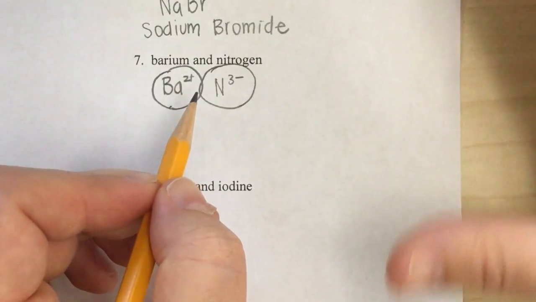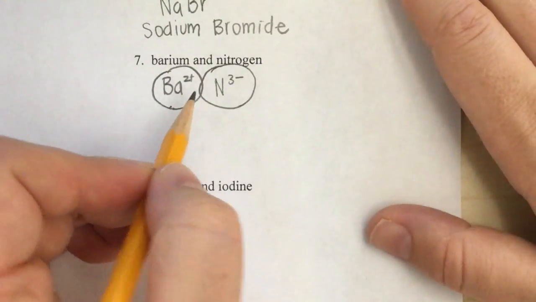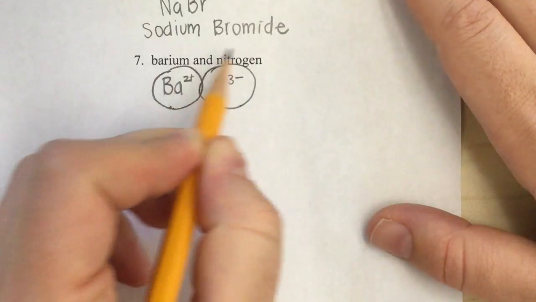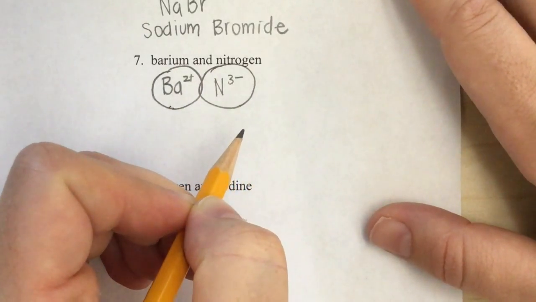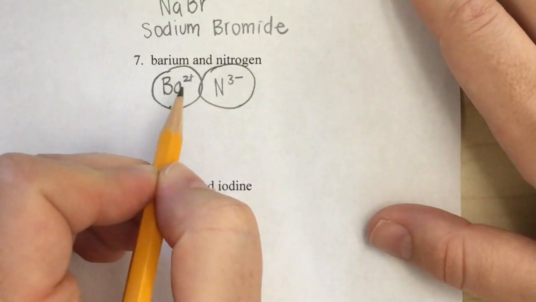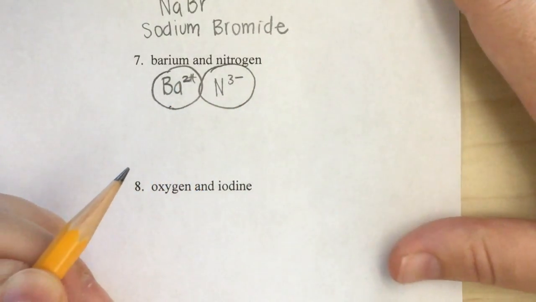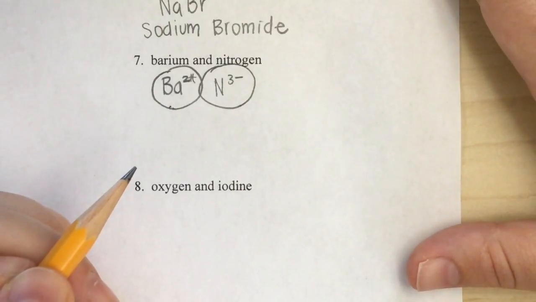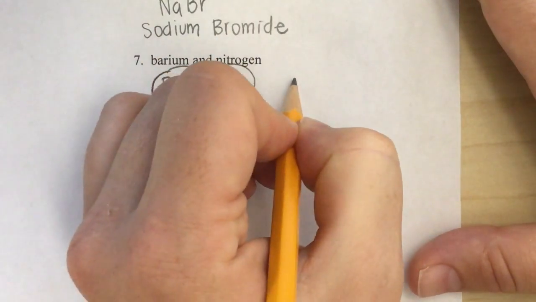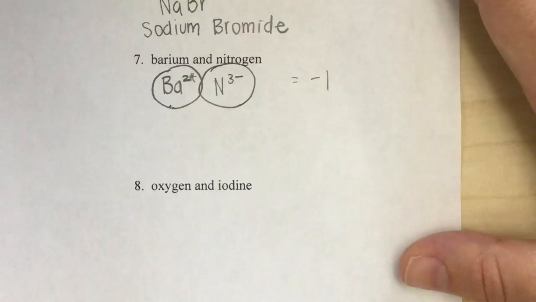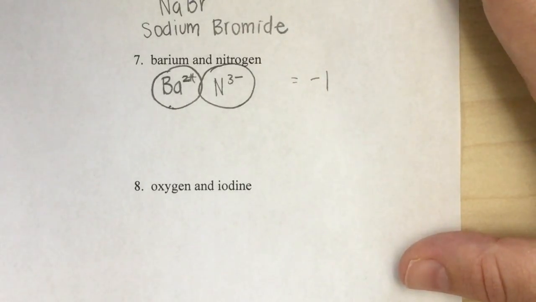However, in order to make a proper ionic compound here, we know that the overall charge of the compound must be 0. In its current state, 2 plus -3 gets us a -1 charge overall. So right now this has a -1 charge. So it's not exactly satisfying our need for a 0 charge.